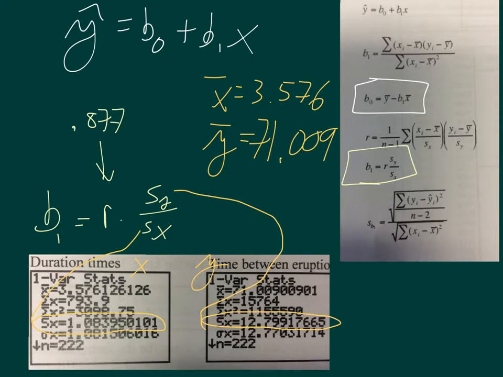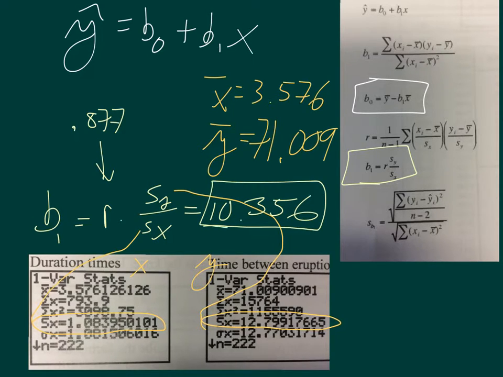Well, because I did one var stats for each of them. I didn't say, hey, do this one and call it variable x, and do this one here, call it variable y. They were given differently. But anyways, if I take that, I can plug them into this equation, the y and the x, and then the r in there to find b1. And when I do it, I get 10.356.